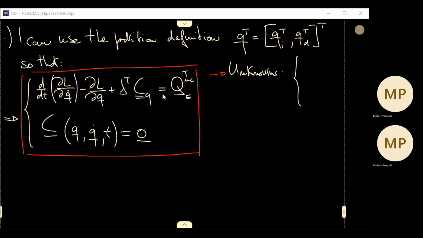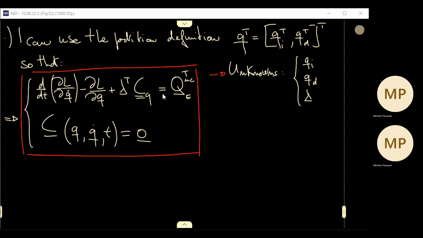We have the QI, which were the ones we had previously. We also have the QD. And then we have also the lambda. So you see that we have quite a disadvantage in doing so. Plus, there is also another thing, that we have this set of equations here, which are the constraint equations.